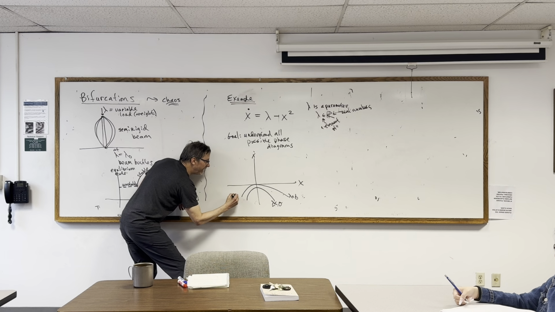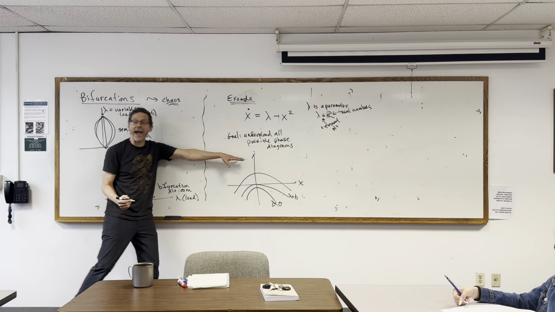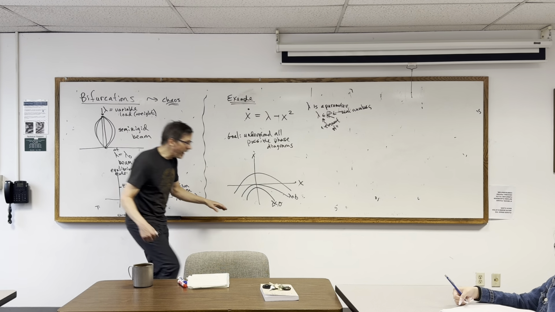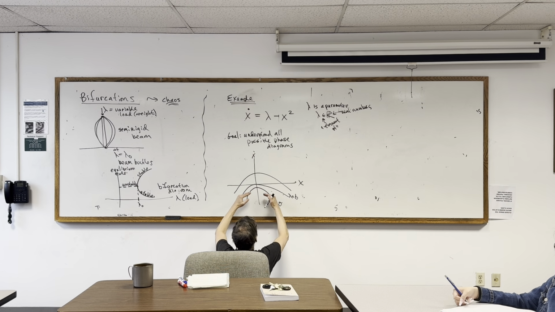And then when lambda becomes positive, I see this break on through to the top half. But notice what happened. When lambda is negative, there's no equilibrium, because an equilibrium means that we've got x dot equals zero.